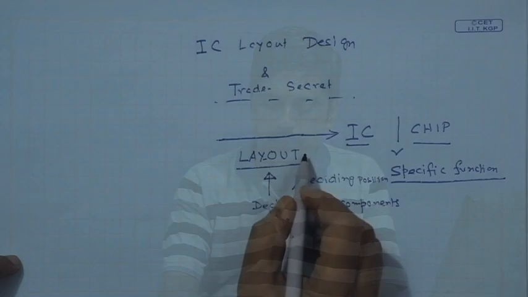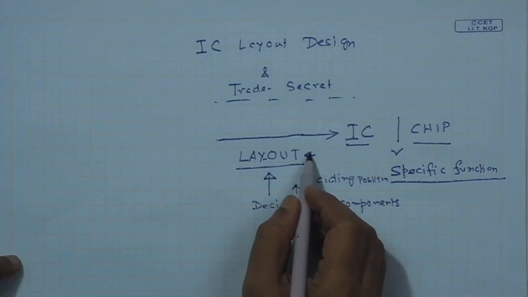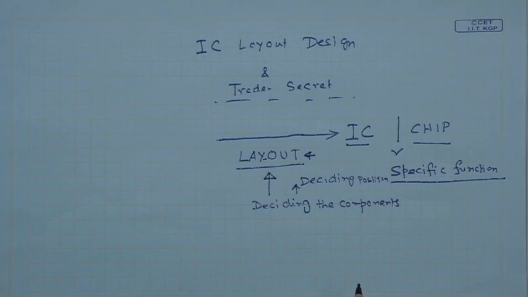Based on that you use different fabrication methods, just like photolithography and CVD, and you prepare it layer-wise, and you fabricate the integrated circuit or chips. So there lies the importance of layout for the preparation of IC or chips.